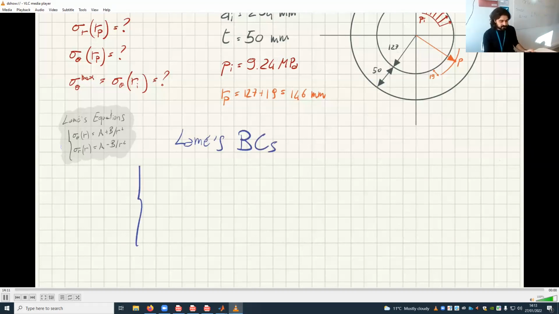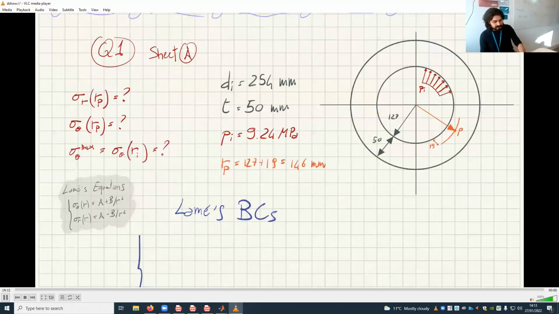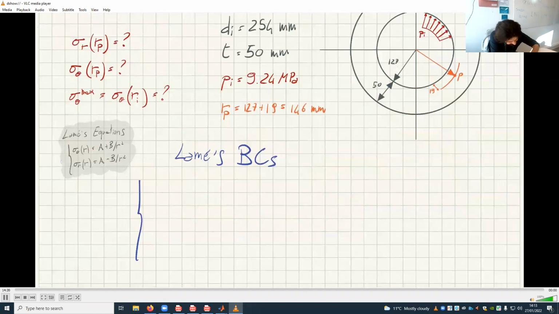Well, the things that we know are that the inner fiber, at 127 millimeters of radius, is under the influence of P_i, and the outer fiber, this one here, is under the influence of no pressure, so it's unloaded. Therefore, we can say that the radial stress at 127 millimeters equals minus P_i.